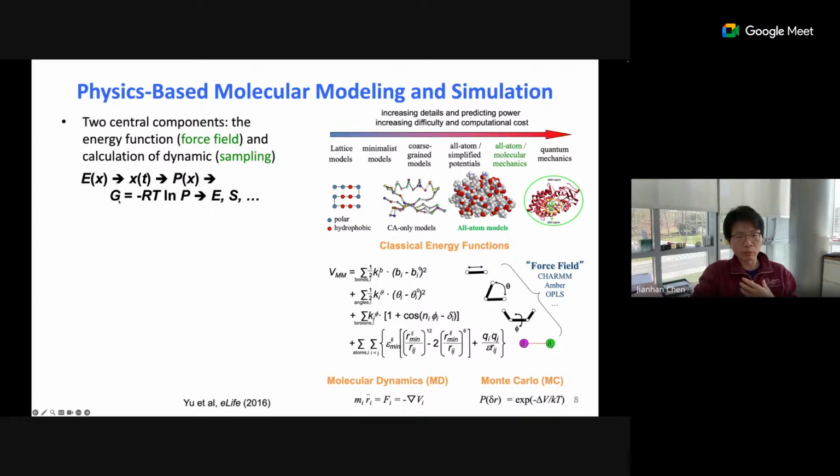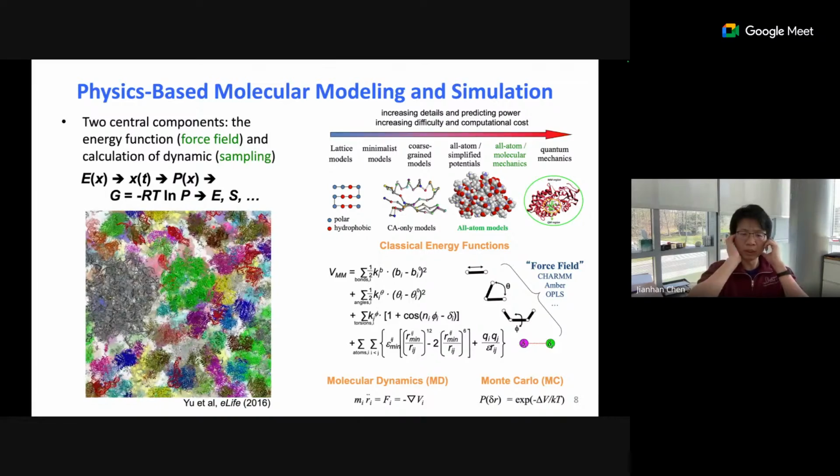So once you have this probability distribution, you can go back and calculate all relevant thermodynamic properties, such as energy, entropy, or binding affinity, or anything that you can think of, right?